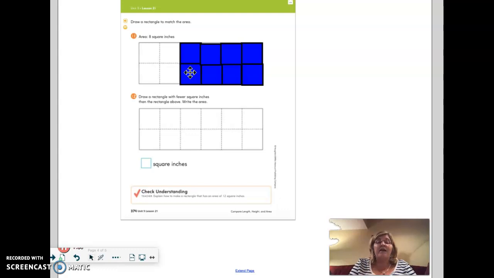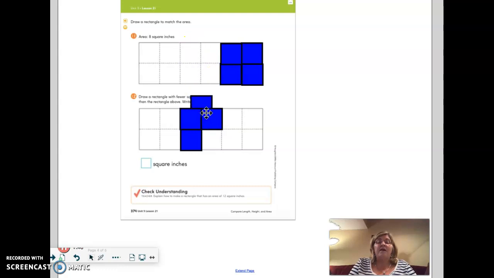Fewer than 8. 1, 2, 3, 4. Is 4 fewer than 8? Yes, it is. But is this a rectangle? It's not, so we can't use 4. 5 is fewer than 8, but it is still not a rectangle.